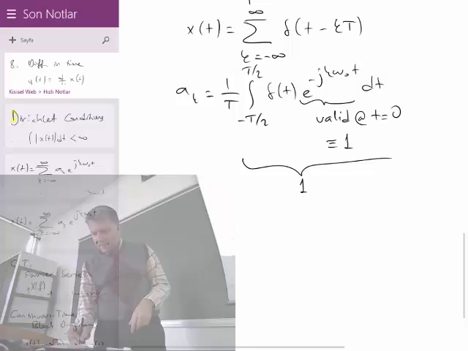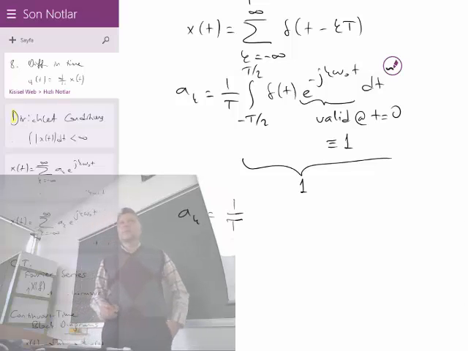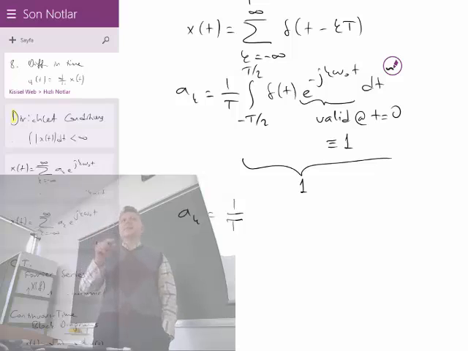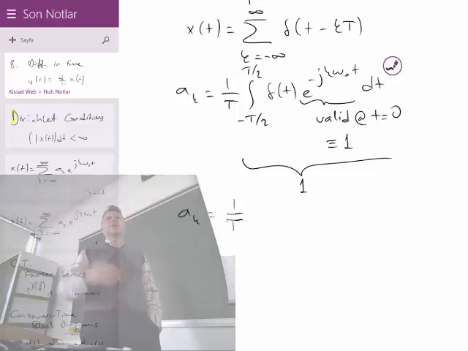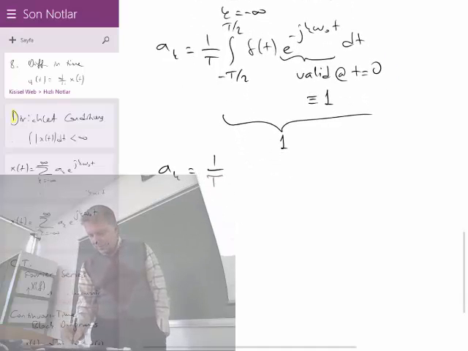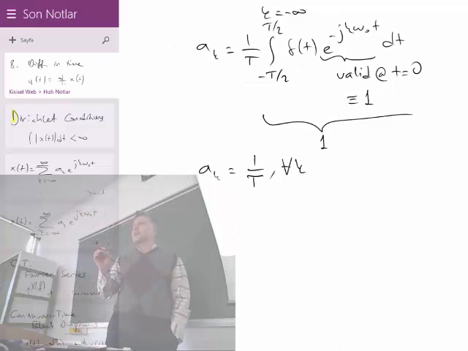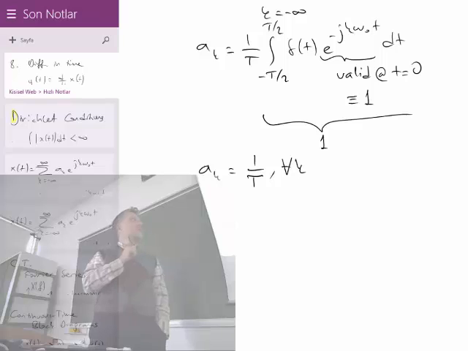Which says that ak is equal to 1 over capital T times 1. And that's a very bad signal, because it is not decreasing in magnitude with larger k's. For all k's, the Fourier series coefficient is always 1 over capital T. It has the same value.